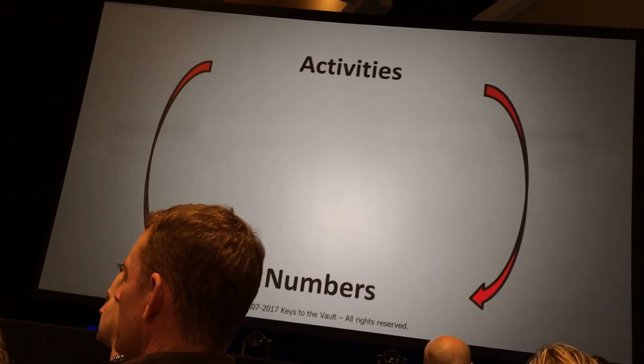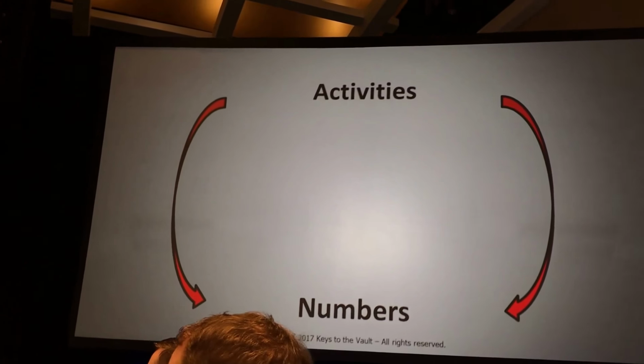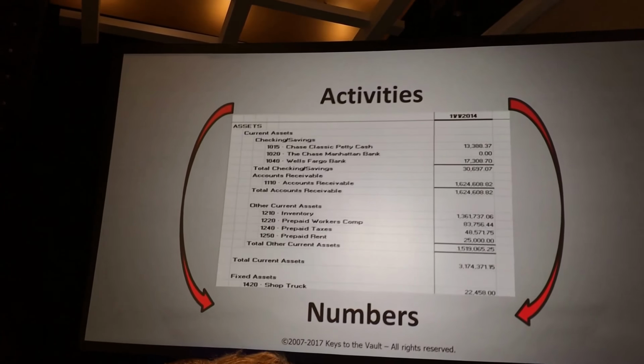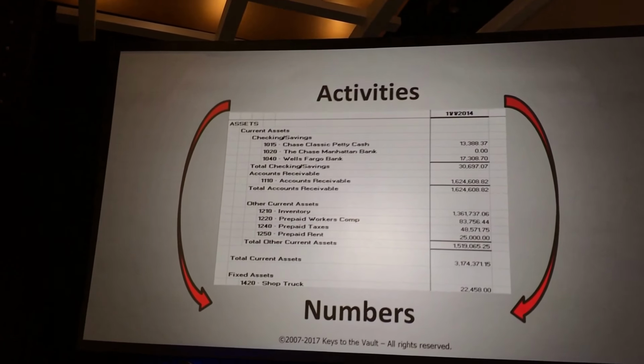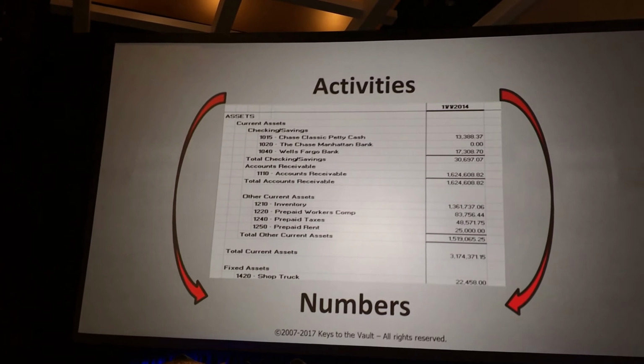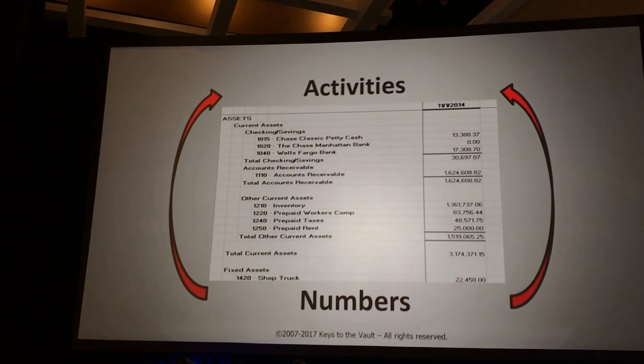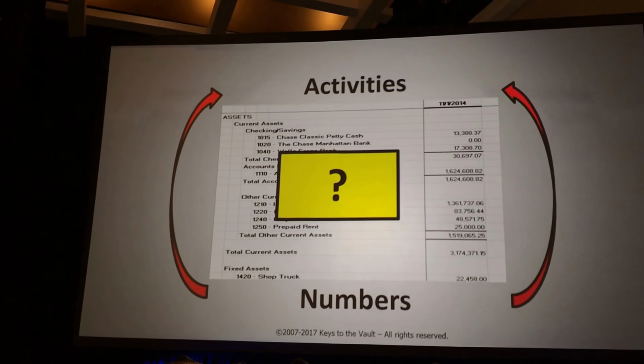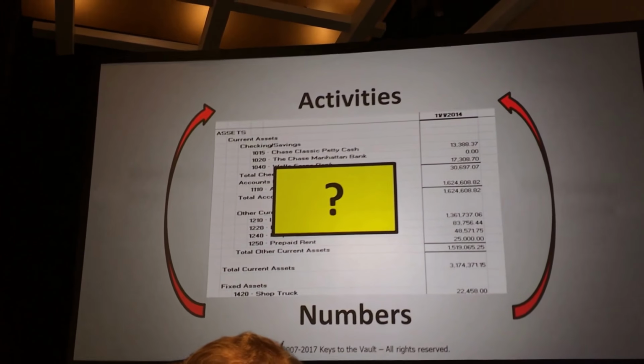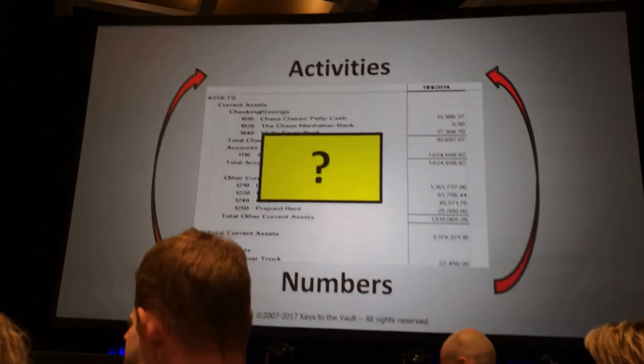I need optics. And what accountants do all day long is convert activities into numbers. And what we want is some sort of scoreboard or scorecard that will convert the numbers back into activities. And most of us don't know how to do it, but there's a way to do it.